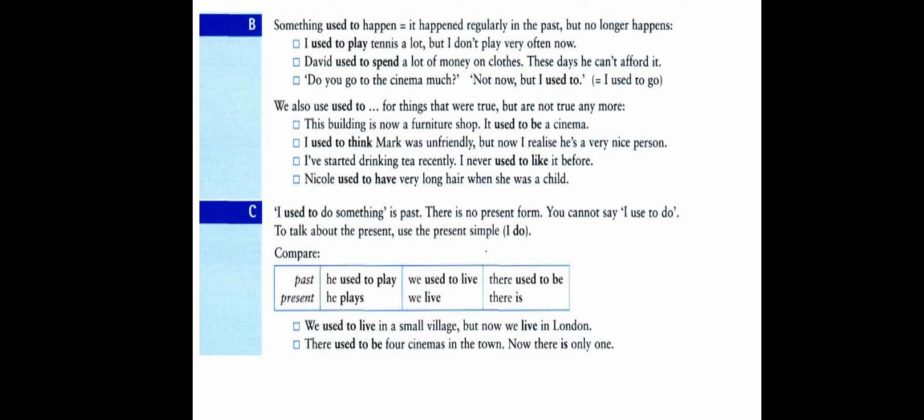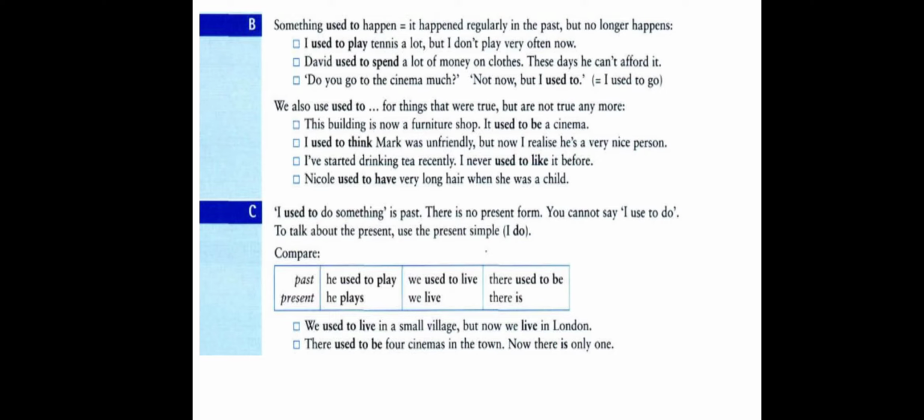So, we used to live in a small village, but now we live in London. We all know that London is a very big city. So the past habit is finished, the past repeated action is finished. So to express it, we use used to plus the base form.